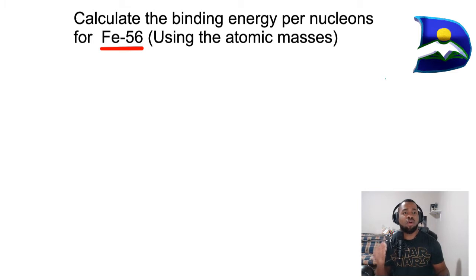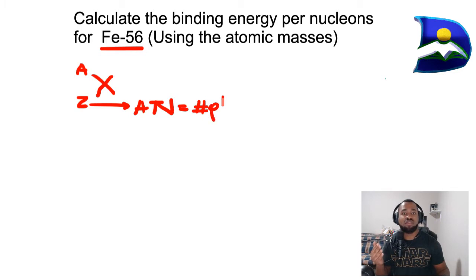We know, of course, that to represent various atoms or elements, we have our A value, which is a superscript, and then the Z value, which is our subscript. The Z value is called the atomic number, and the atomic number gives us the number of protons that are present, and is also equal to the number of electrons.